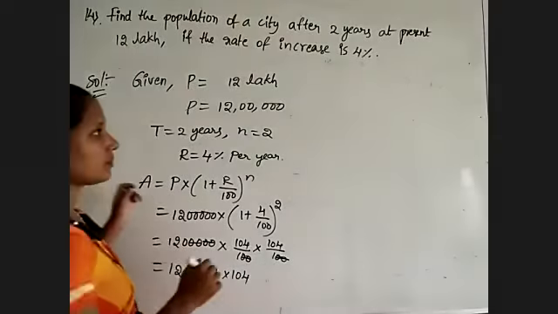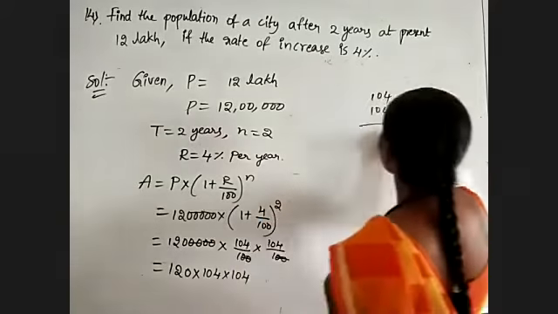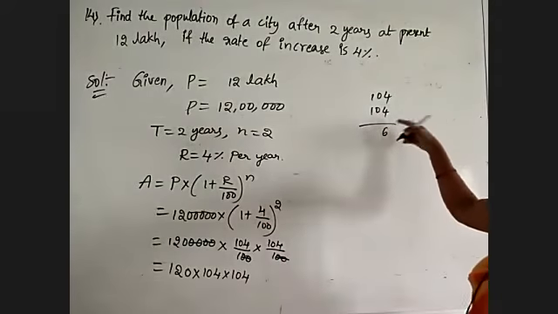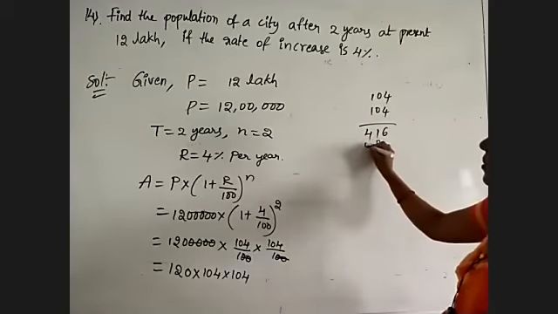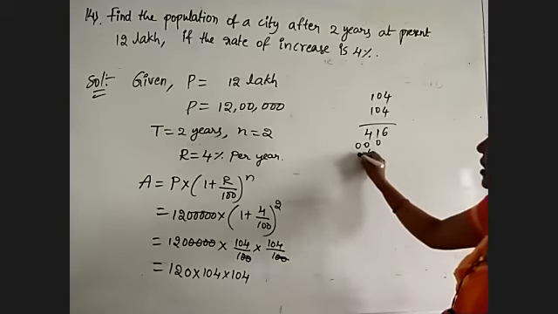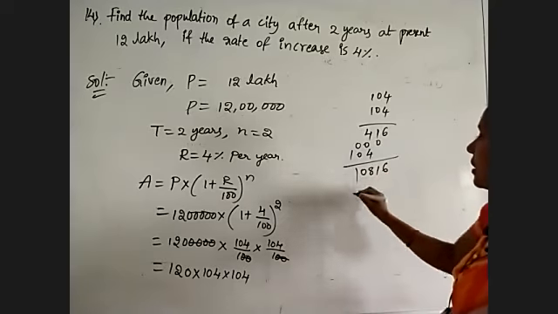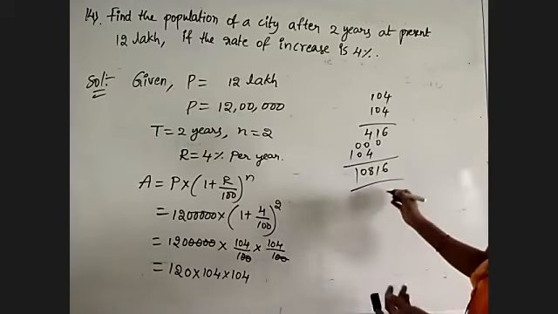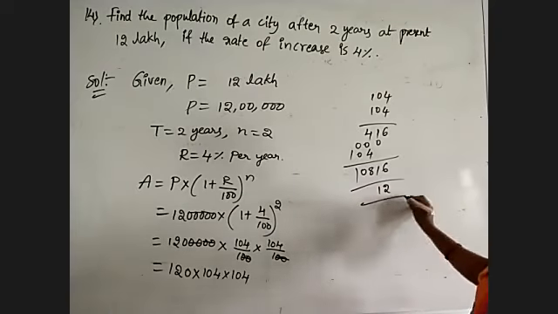Find out first. 4 fours are 16, 1 will be there. 4 into 0 is 0 plus 1 is 1. 4 ones are 4. So 10,816, and into 120.